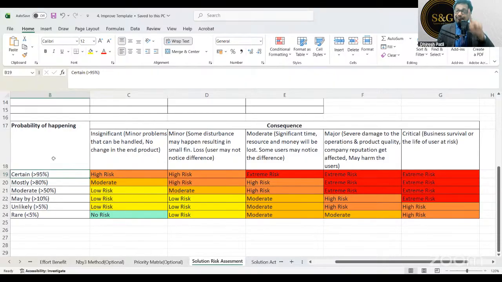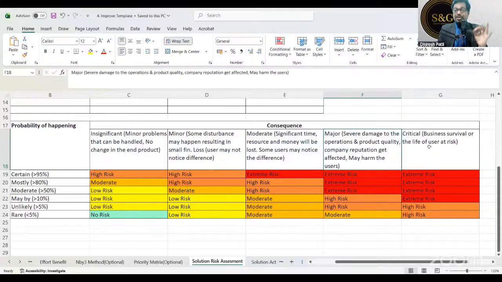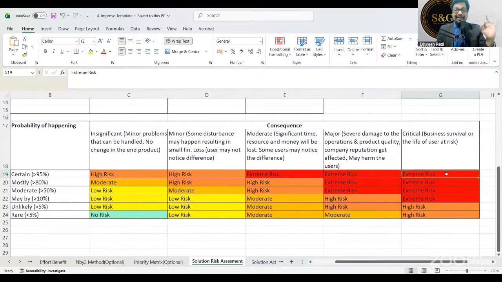Okay, in FMEA it's kind of occurrence. Remember, occurrence is similar to probability of happening. What is the probability of that happening? That is called occurrence. Okay, now here on the x-axis there are consequences. Now understand this. There are insignificant consequence, minor consequence, moderate, major, and critical. Now if it is certain and critical, it is extremely risky.